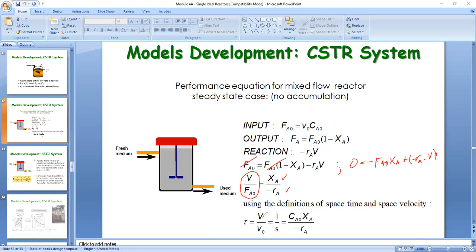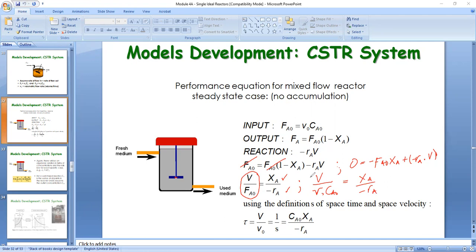If we have it expressed in terms of tau from in here, we will get the expression in terms of tau. You can see that V over small v sub O CAO is equal to XA over the rate.